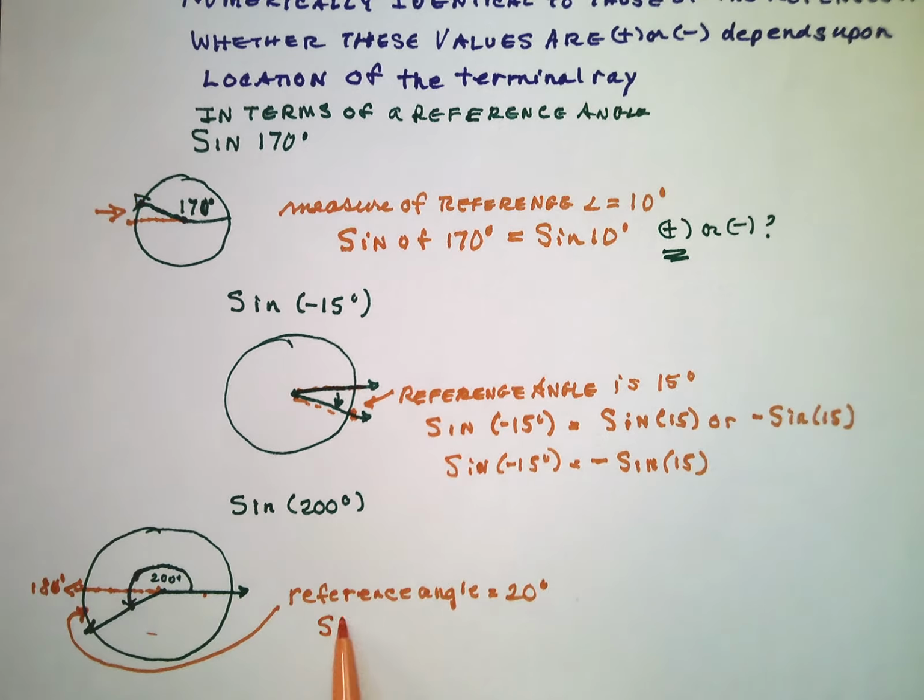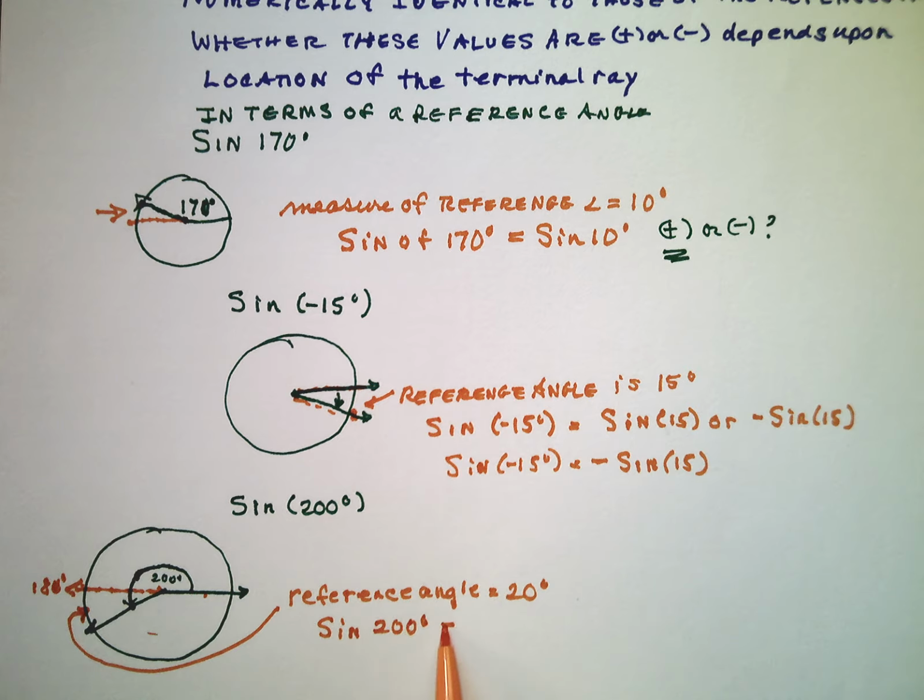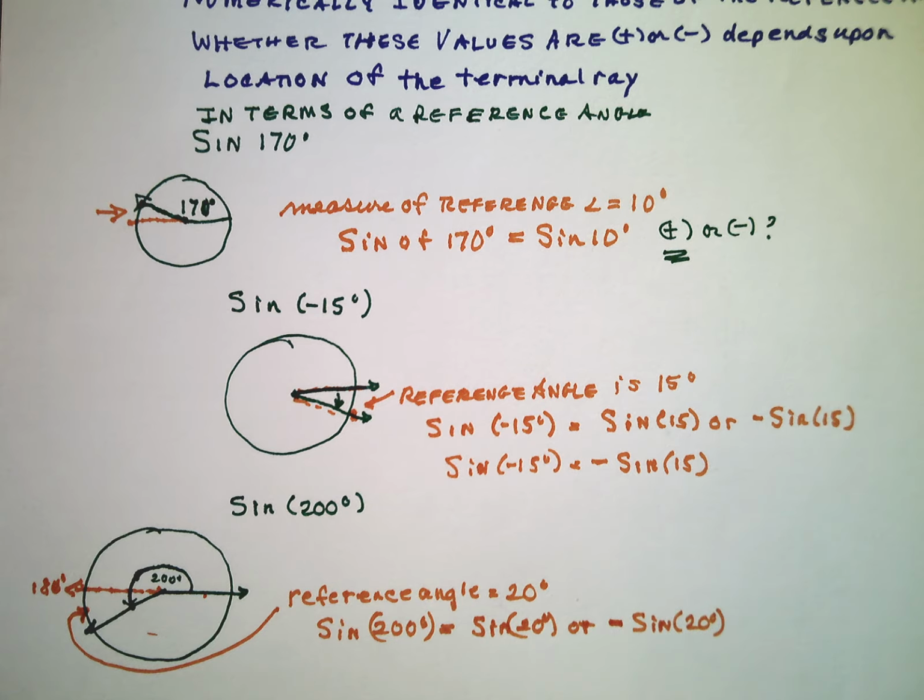So the sine value for 200 is going to either equal the sine of 20 degrees, or it's going to equal the opposite of the sine of 20 degrees, depending on location. Is the sine value for this angle going to be a positive, or is it going to be a negative?